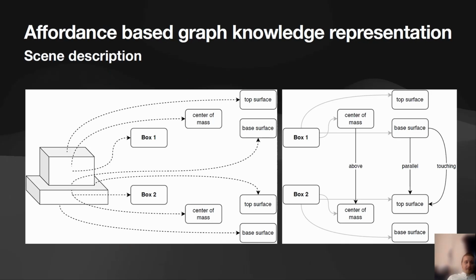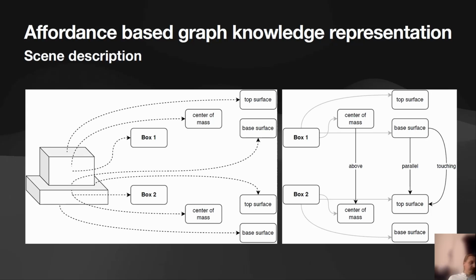So this is graphically the idea. This is a scene description. We have two objects, one stacked on top of another, and the left and right pictures represent the same graph.